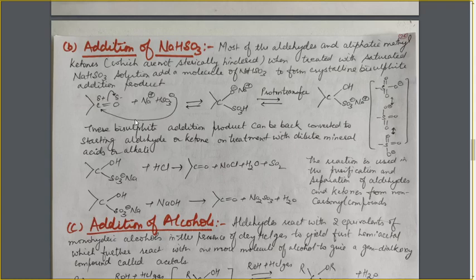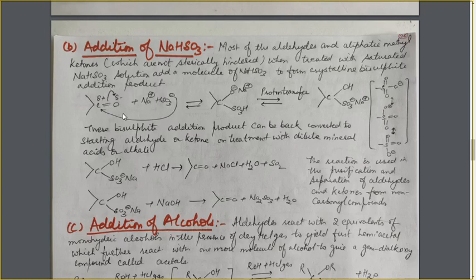You have read it in class 11th in the chapter Some Basic Principles of Organic Chemistry. This is the minus E effect, the negative electromeric effect, in which the electron of the pi bond is transferred to an atom in the presence of an attacking reagent. Here it is the minus E effect because the electron is transferred to the atom which is not attached to the attacking reagent.